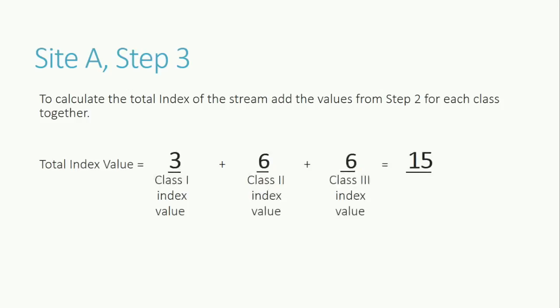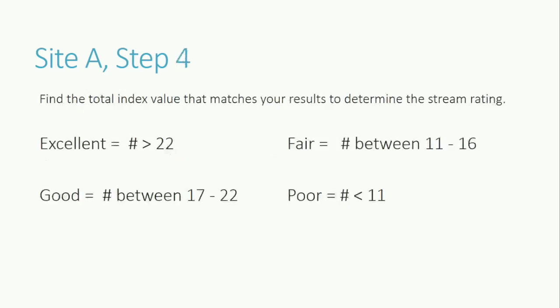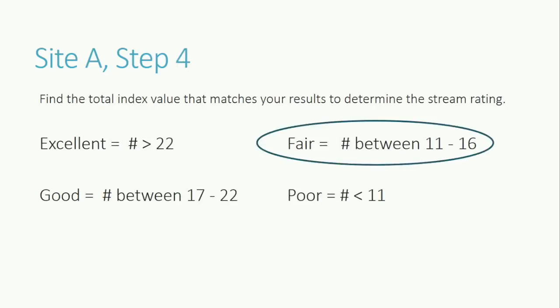The biotic index score for Site A is 15. With a score of 15, what is the stream rating? Site A has a stream rating of fair, meaning it's not very healthy, but it isn't completely unhealthy.